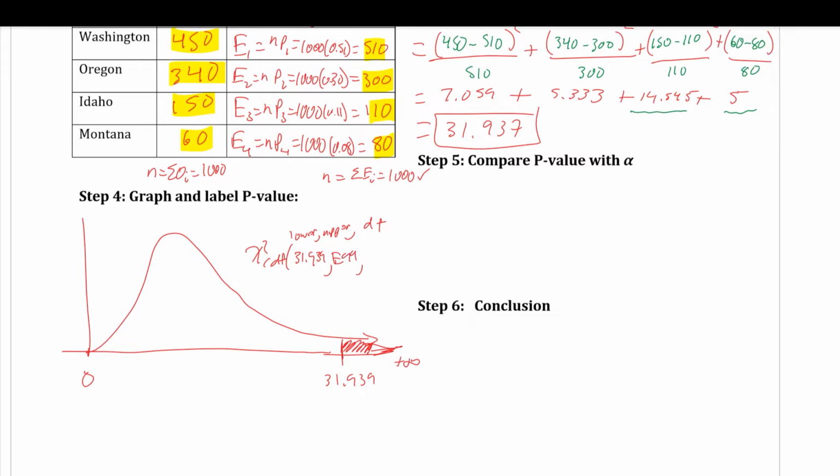Degrees of freedom is the categories minus 1. We had 4 categories, so 4 minus 1 is 3. And you can calculate that, and I get something like 5.39. Again, probabilities cannot be whole numbers, so this is definitely times 10 to the negative 7. So it's a really tiny value.